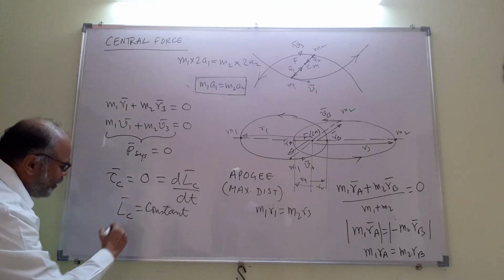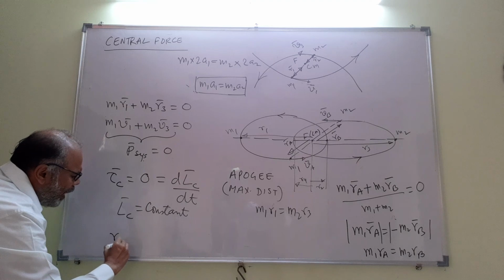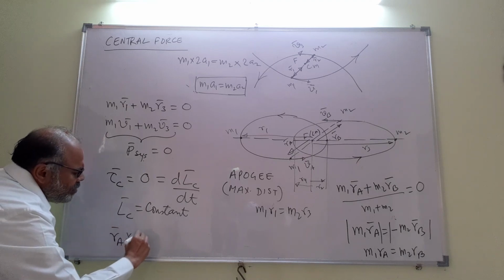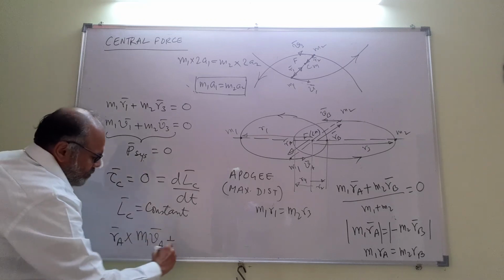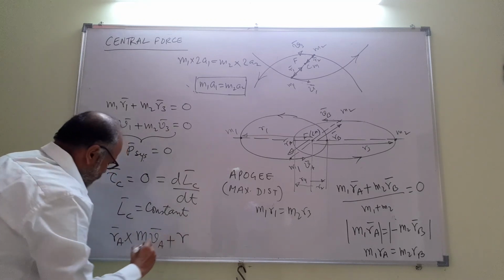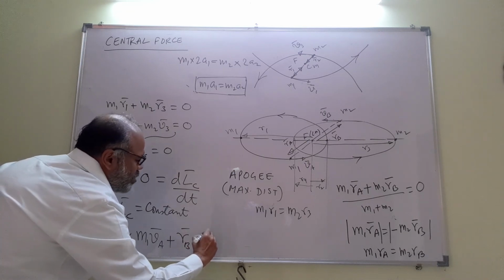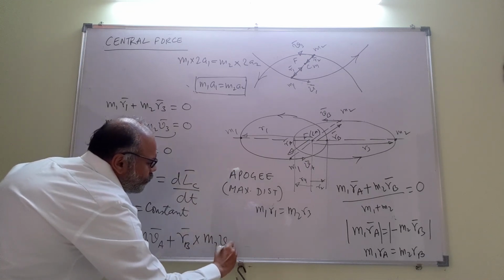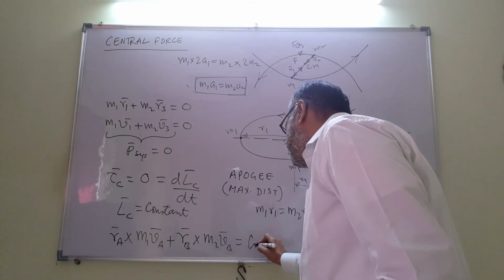What is the angular momentum? The angular momentum is nothing but RA cross M1 VA plus RB cross M2 VB. That is a constant.